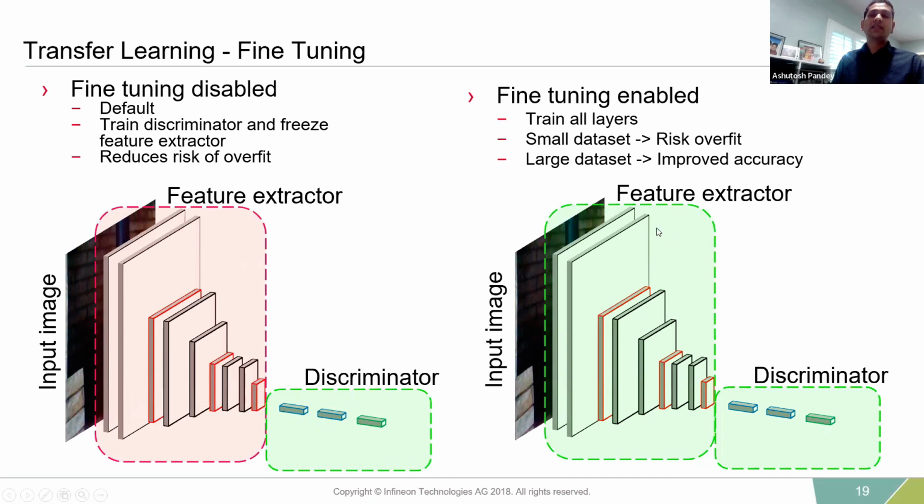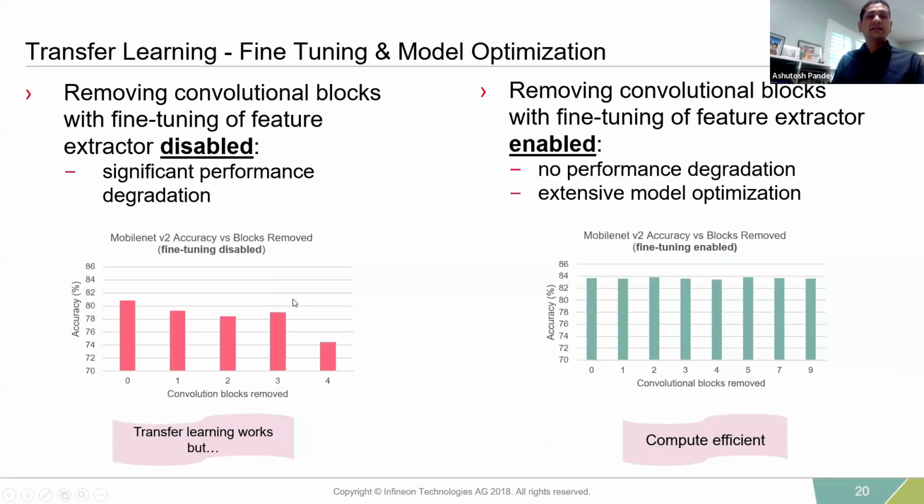On the other hand, you can train the whole network. To have a fair comparison, we used the training data set that came with ImageNet, and then we extended to a face detection task. Here that is shown.